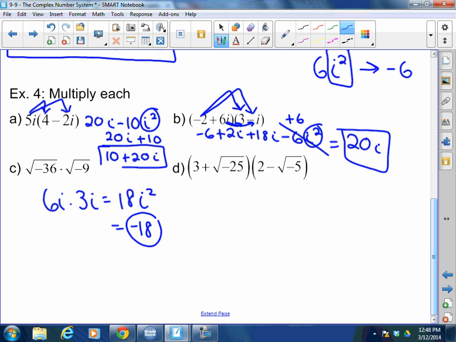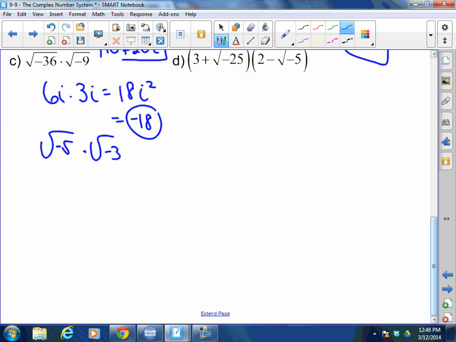But let's say I told you something that wasn't so pretty. Let's say I told you negative 5 times, I don't know, negative 3. Please do not make this mistake. Oh, that's the square root of 15. No, it is not. I'm not trying to be rude, but no. That is not what you do. What you do is this.